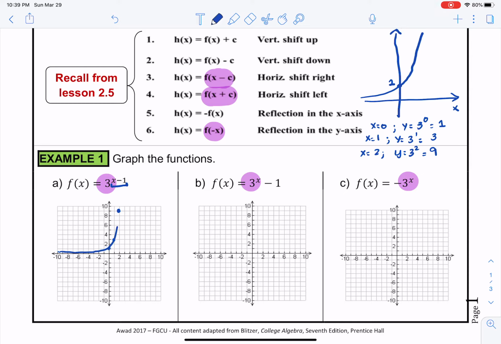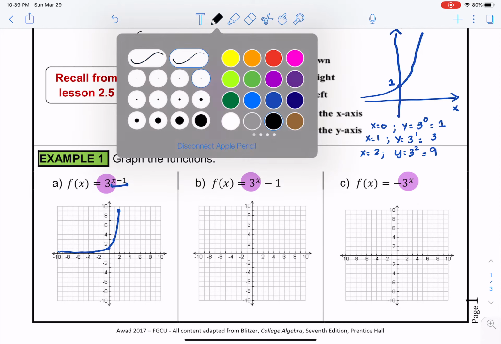And it's going to go like that because it's exponential growth. Since we are going to subtract 1 from x, the curve is going to shift to the right by 1 unit. So I'm going to draw this in black.